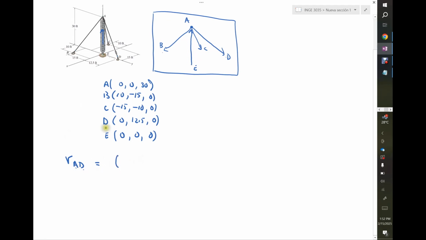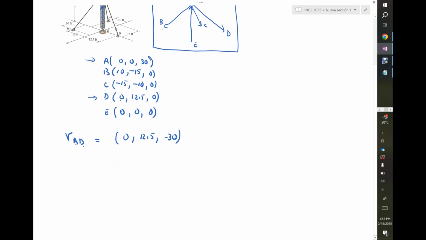On the first point, it's going to be 0 minus 0, so it's 0. Sorry, we are talking about this guy and this guy, so whatever is in D, 0 minus 0 is 0. And now 12.5, oops, I lost a letter here, A, B, C, D. So it's going to be 12.5 minus 0, that's 12.5. And that's going to be 0 minus 30, so that's minus 30. There we go.